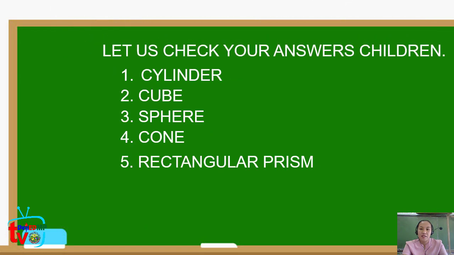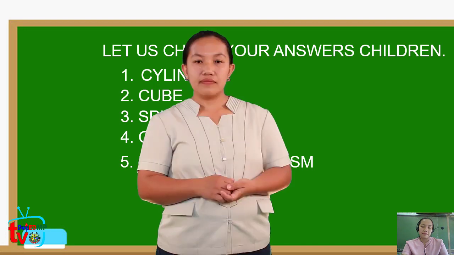Let's check your answers, children. Number 1, the answer is cylinder. Number 2, it's a cube. Number 3, it's a sphere. Number 4, cone. And number 5, rectangular prism.